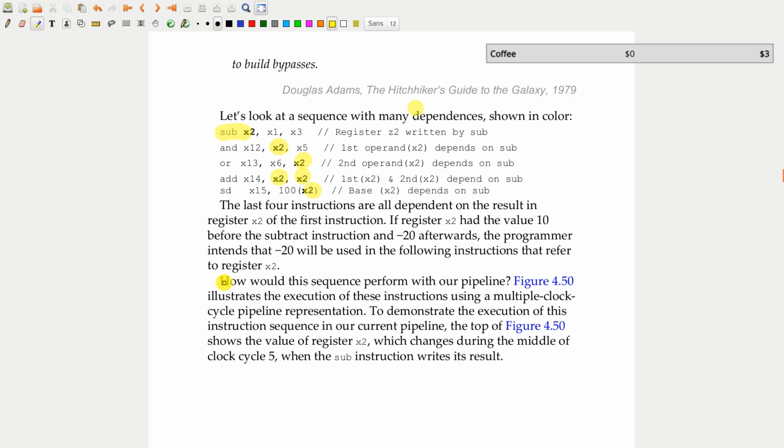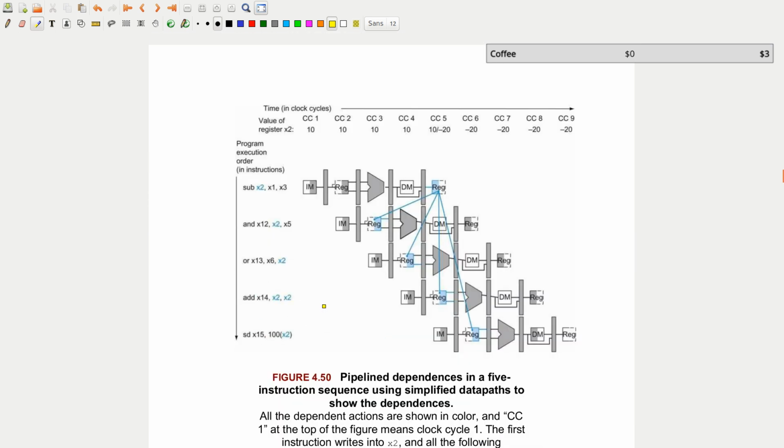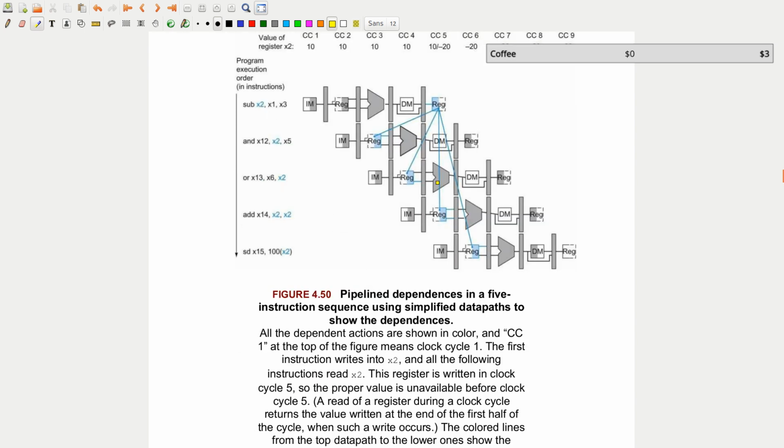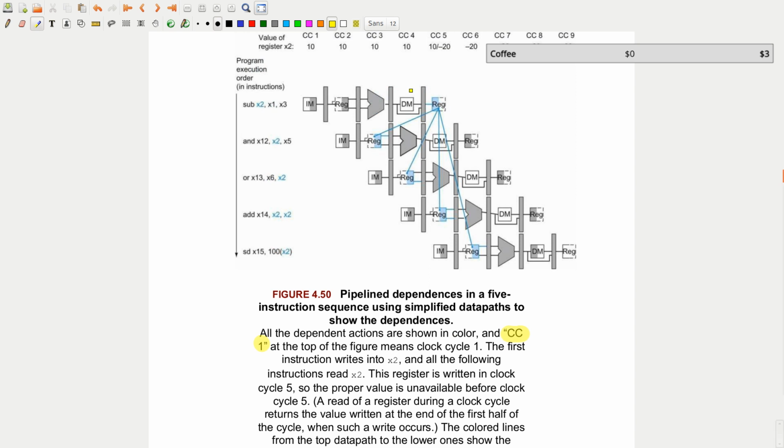So how would this sequence perform with our pipeline? Let's look at figure 4.50 to see. What needs to happen? We have 4 dependencies from this specific value. All the dependent actions are shown in color, and the CC1 at the top of the figure means clock cycle 1.